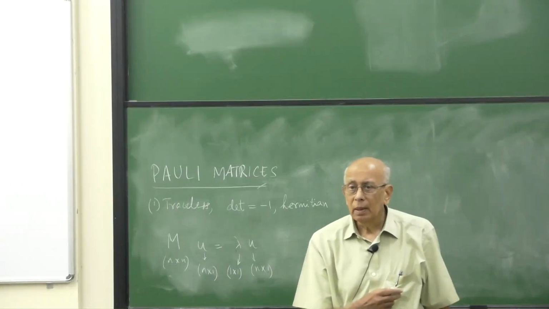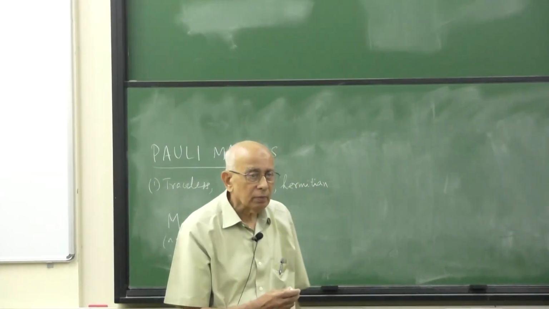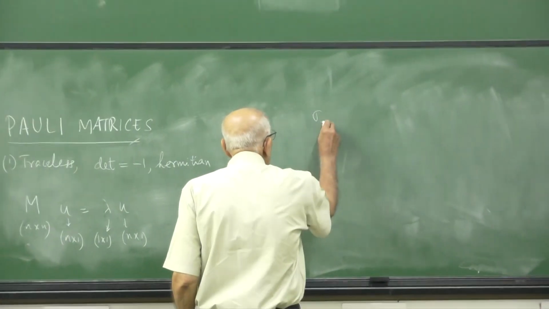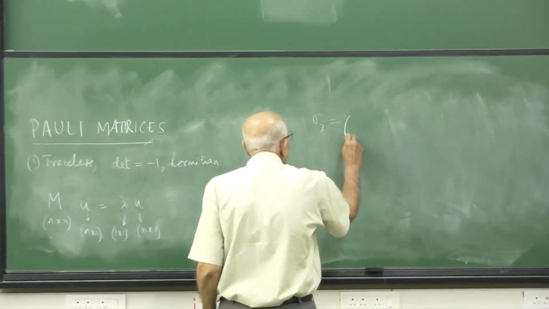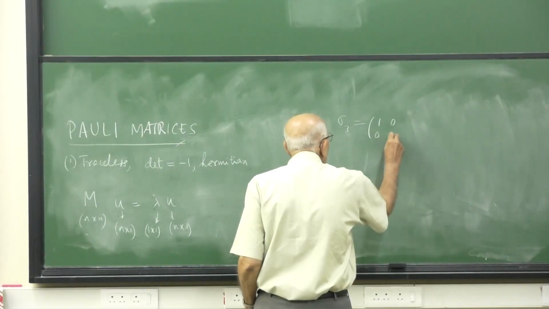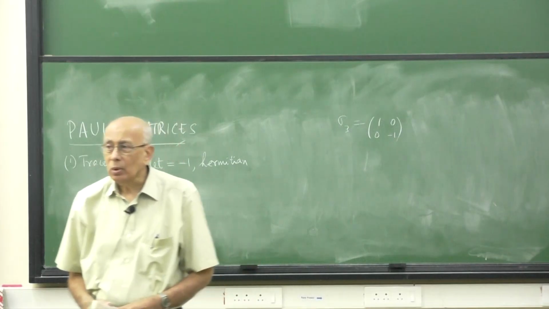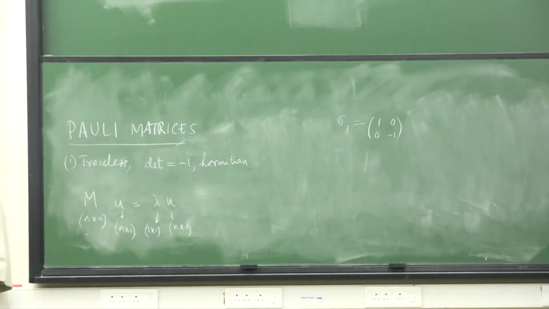And let's take one of the Pauli matrices themselves. So let's take sigma 3. The reason I'm doing so is to cheat a little bit, because I know that when you have a matrix in diagonal form, what's meant by a diagonal matrix?